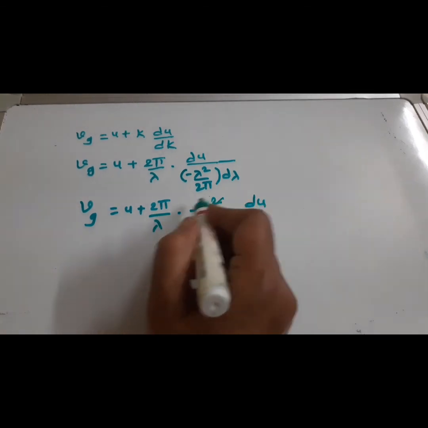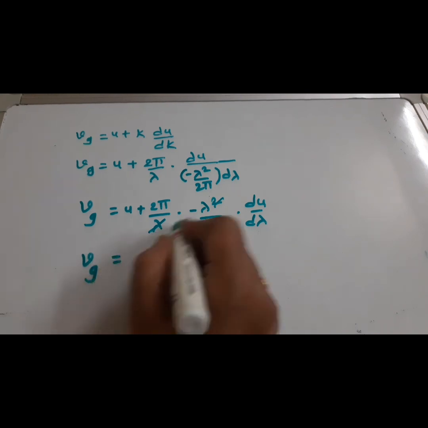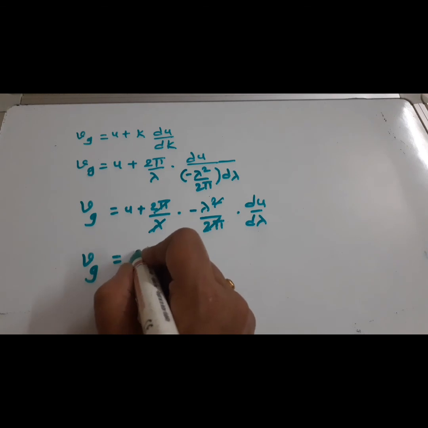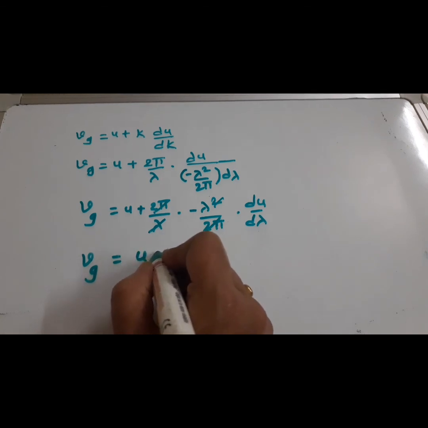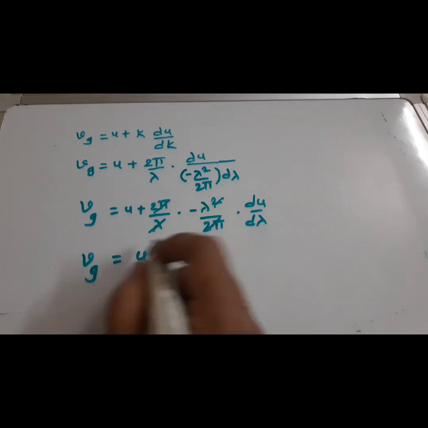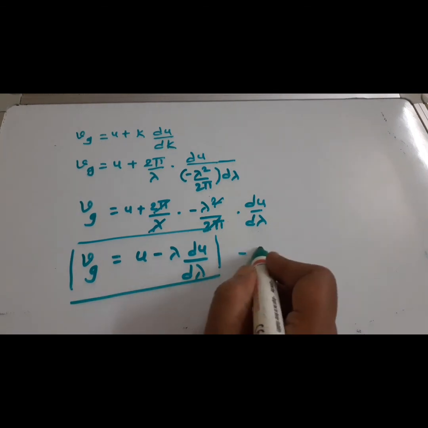Here the lambda square and lambda get cancelled, and the 2 pi and 2 pi also get cancelled. Then Vg is equal to u minus lambda du by d lambda. This is equation 7.